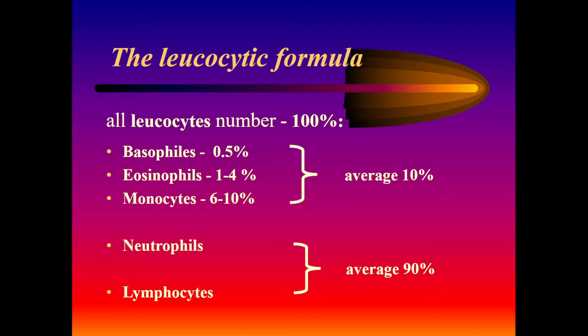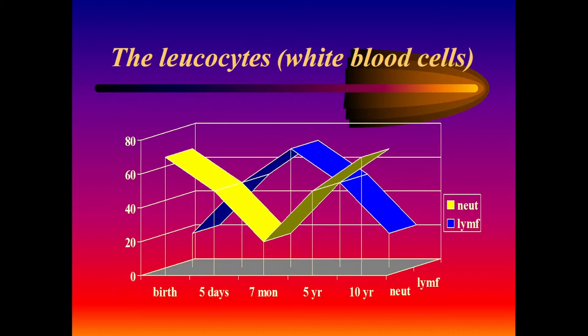Neutrophils and lymphocytes together are on average 90%. The graphic variant shows the crossover between neutrophils and lymphocytes, at 5 days and at 5 years, between the number of lymphocytes and neutrophils.